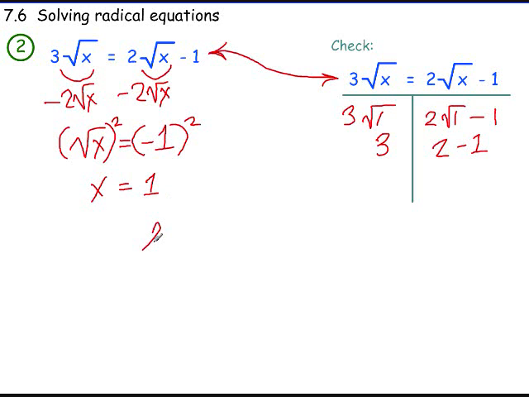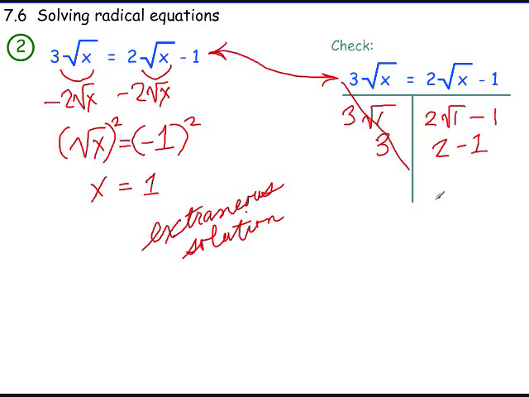So this was our first example of an extraneous solution. We used all the correct logic to find it, but it doesn't work because we know that 3 is not equal to 1.